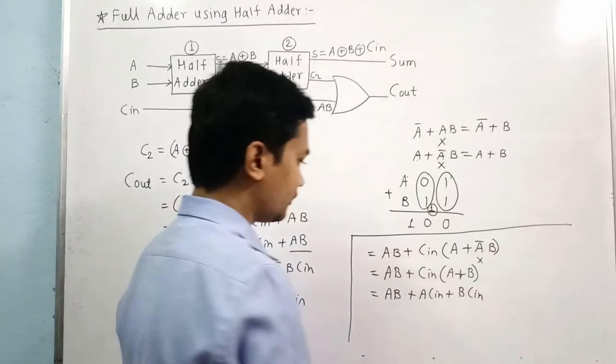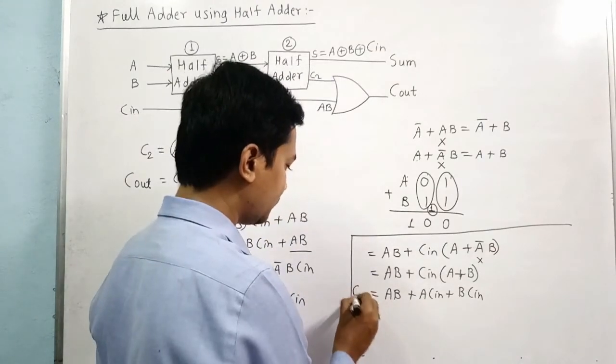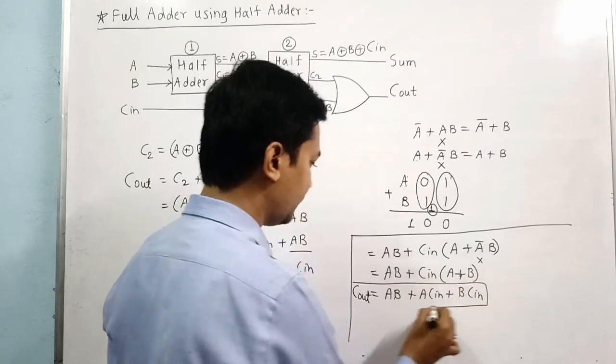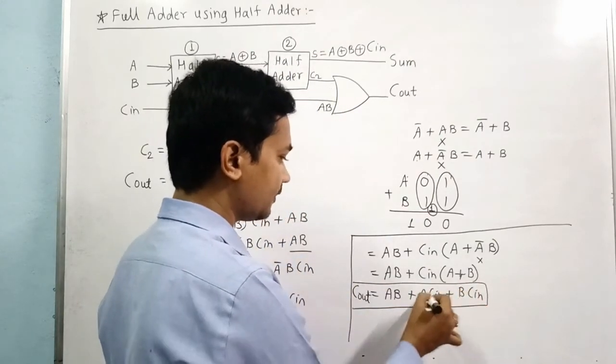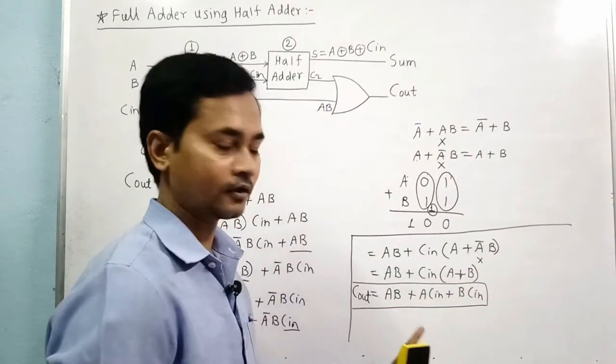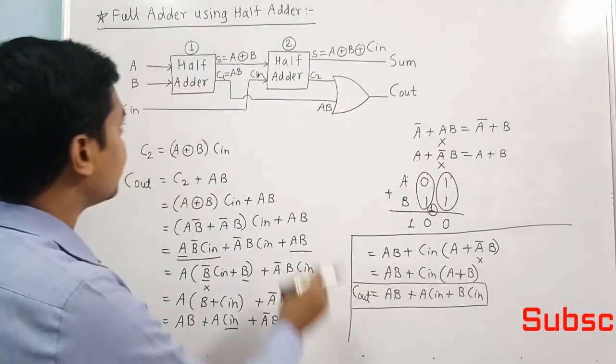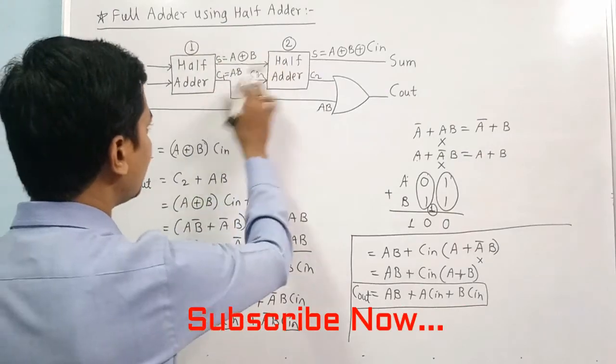So we have obtained the final C out expression, that is AB plus BC in plus A C in. This is how we can obtain the full adder using two half adders.